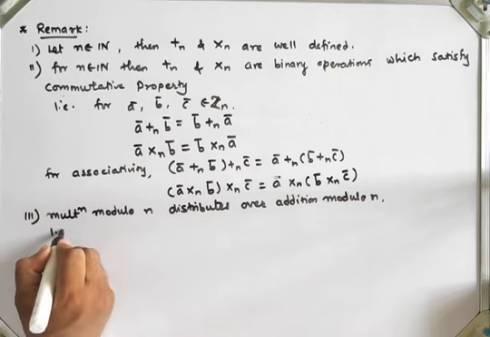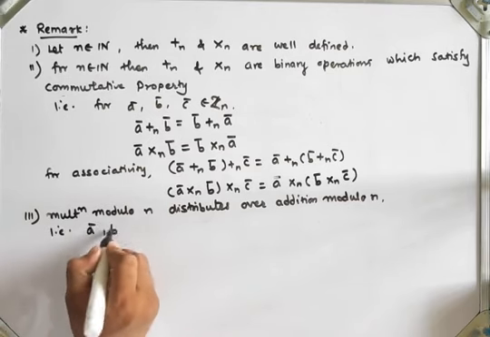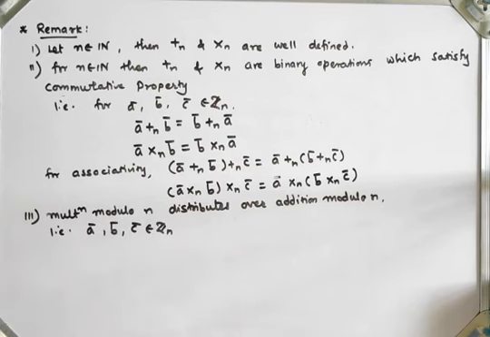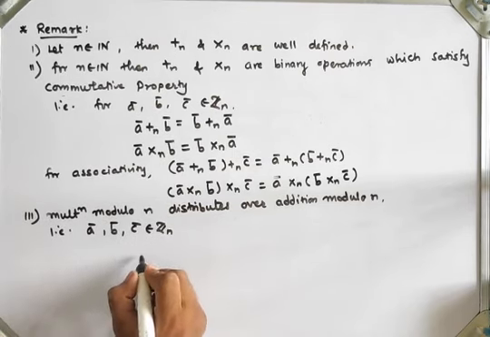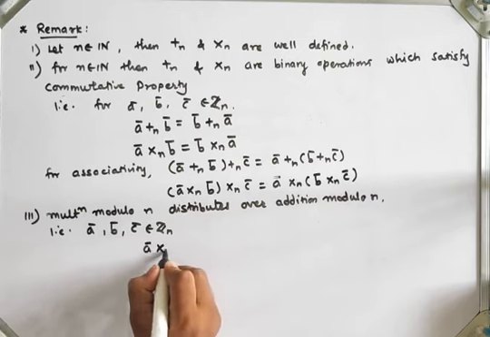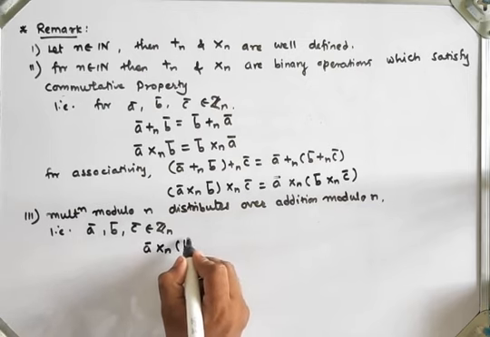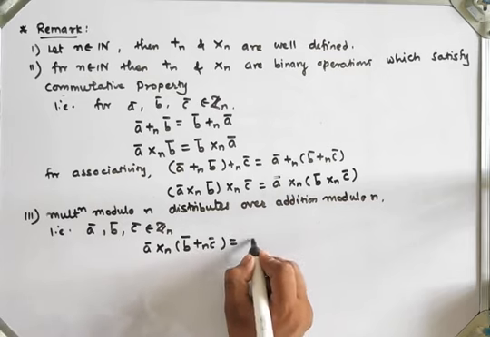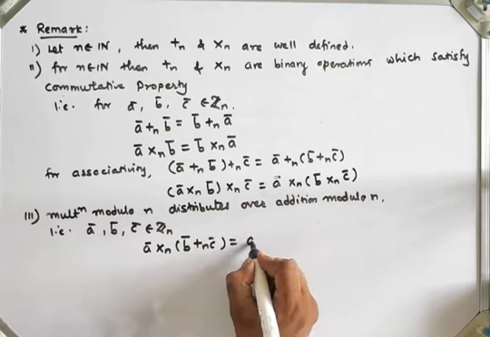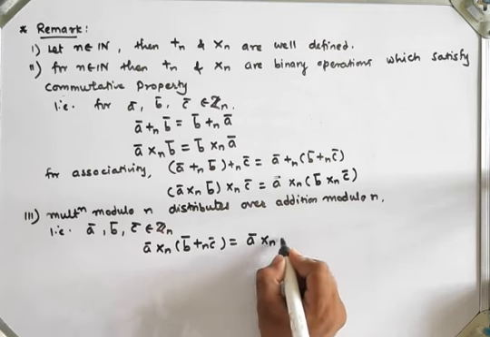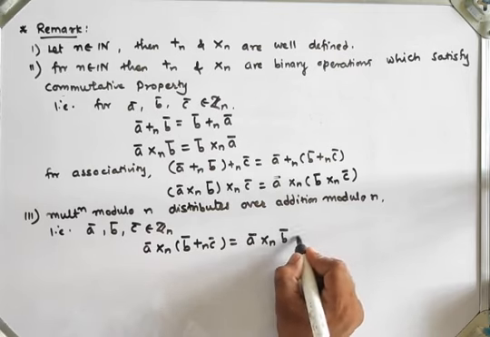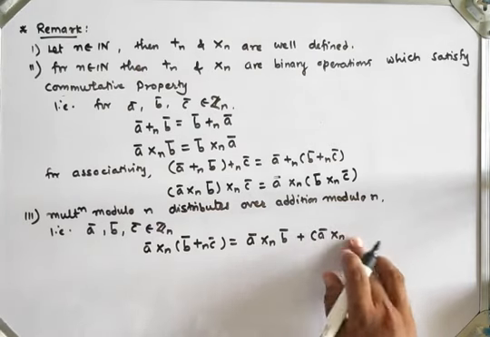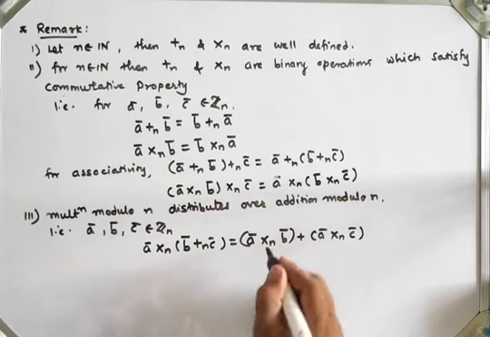I will take three elements a bar, b bar, c bar belonging to the set Zn. Then we get residue class A multiplication modulo n (residue class B addition modulo n C) is equal to, by the distributive property, residue class A into residue class B plus residue class A into residue class C. So this is the distributive property.